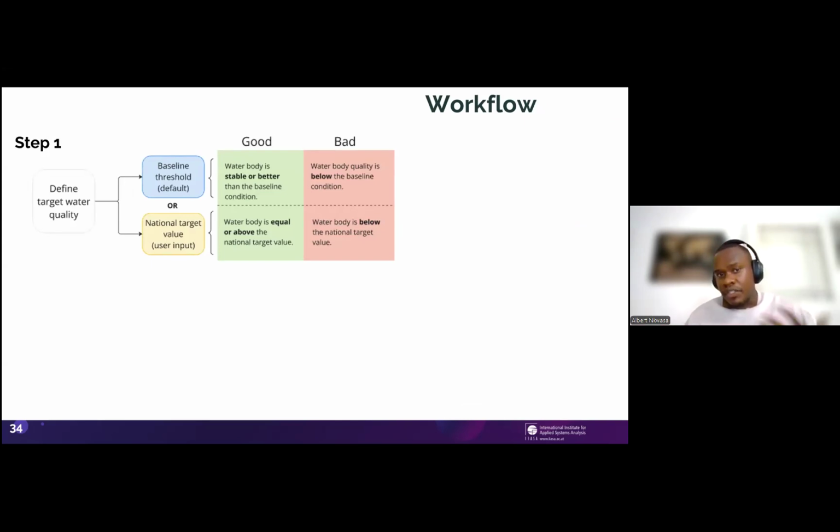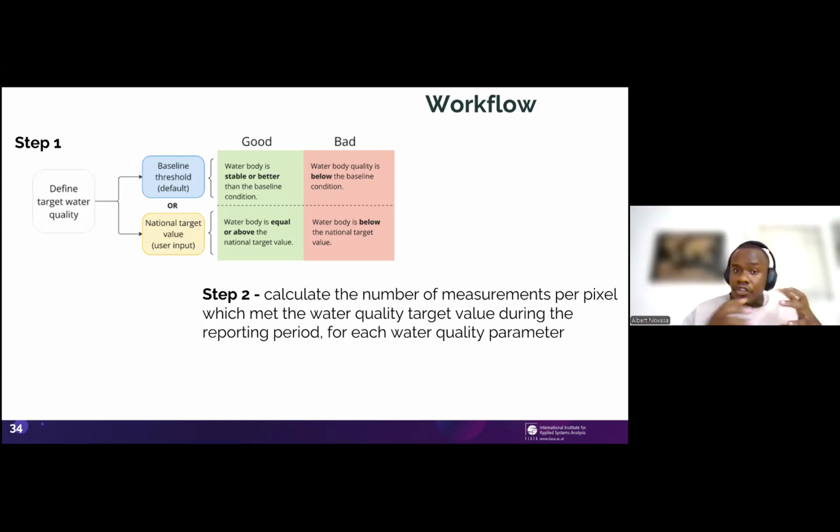And in the opposite direction, it's considered bad if it is below the baseline condition or below the national target value. Then you calculate the number of measurements per pixel which are met by this water quality target value during the reporting period for each water quality parameter.